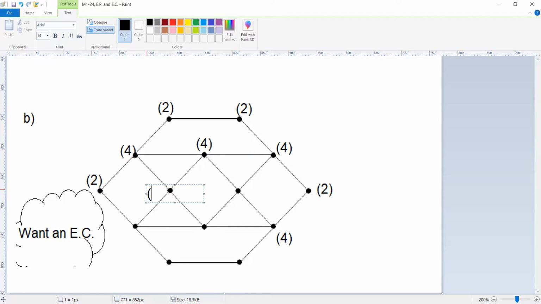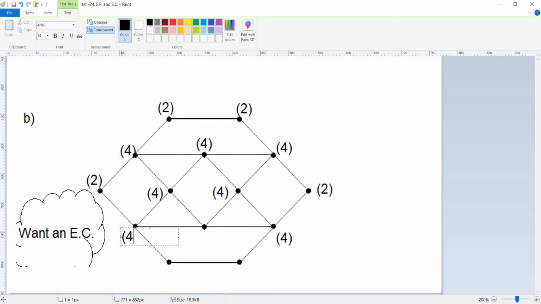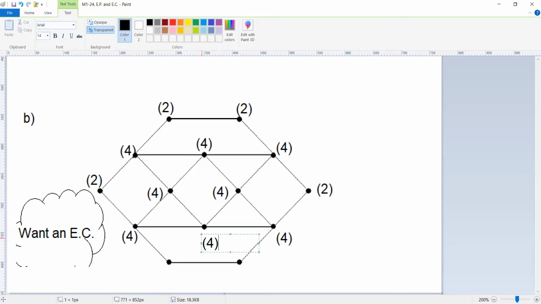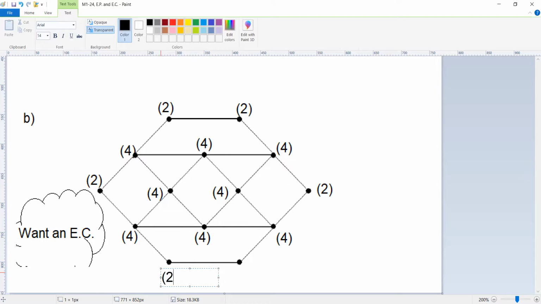Degree 4. And this one also. Okay, here we are at degree 1, 2, 3, 4. Degree 4. All right. And we're at the bottom 2. Each has degree 2.